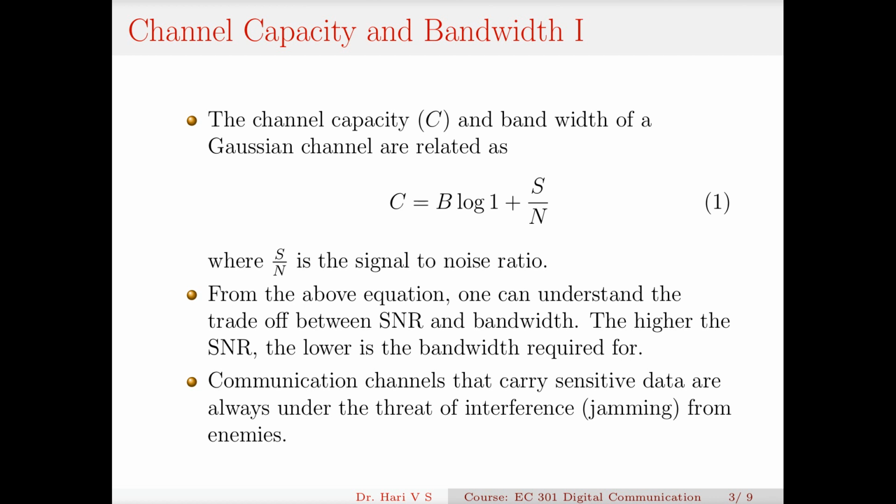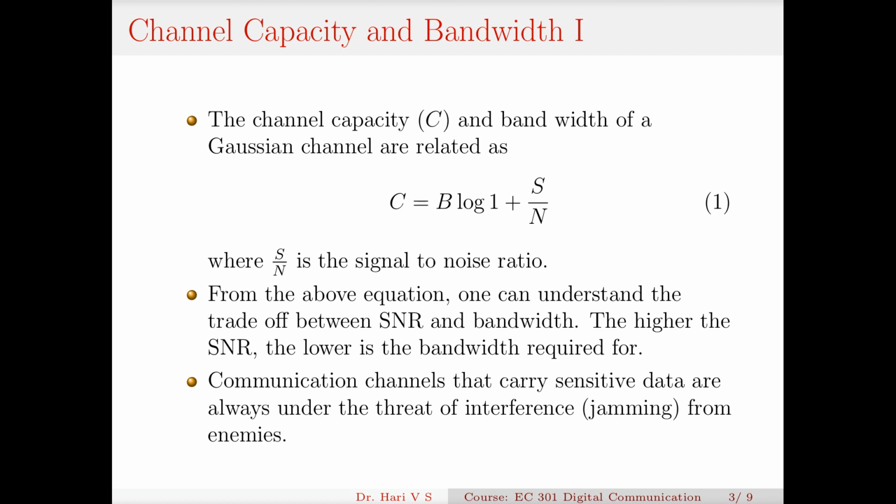But there are certain high security applications like military applications, where you pay for a high bandwidth channel and make the signal to noise ratio very, very poor. So such systems are the spread spectrum systems. Why do I call it spread spectrum? Because the bandwidth is very large and the signal to noise ratio is very poor, so that the signal goes below the noise floor.